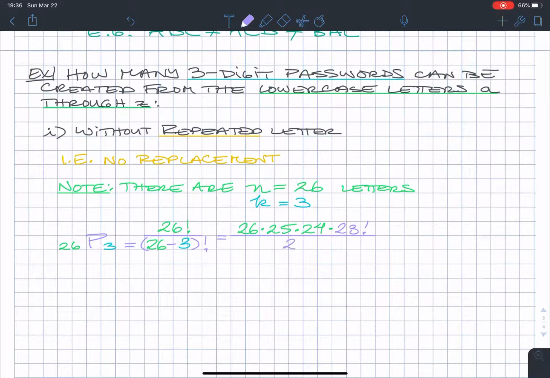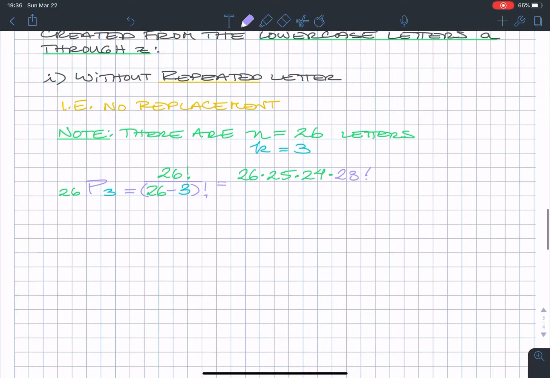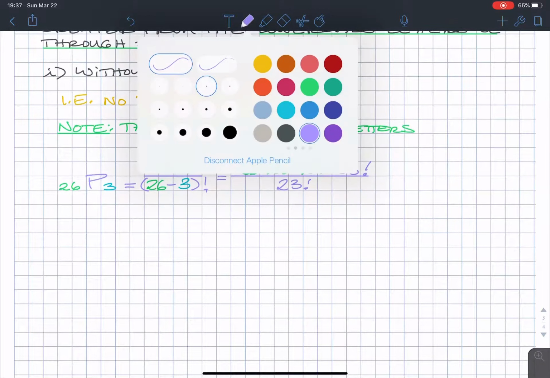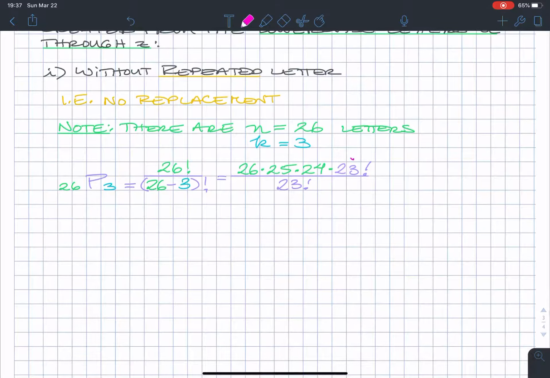Well, that's 23 factorial. So the reason I'm writing it like this is I can now reduce the 23 factorials, and what's left will be 26 times 25 times 24.